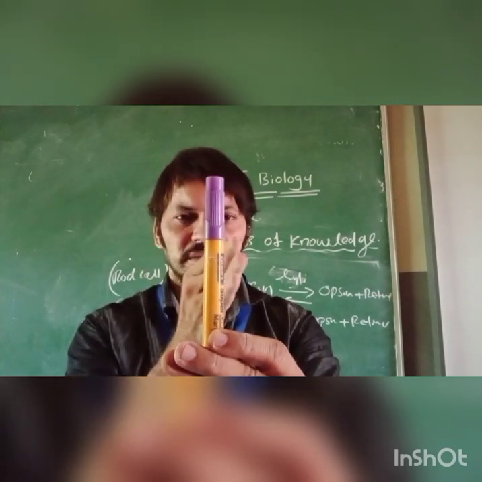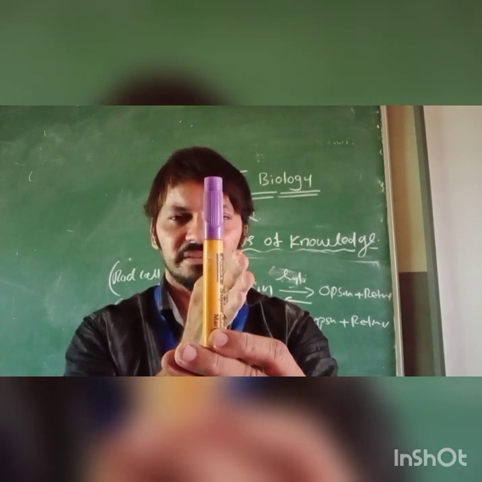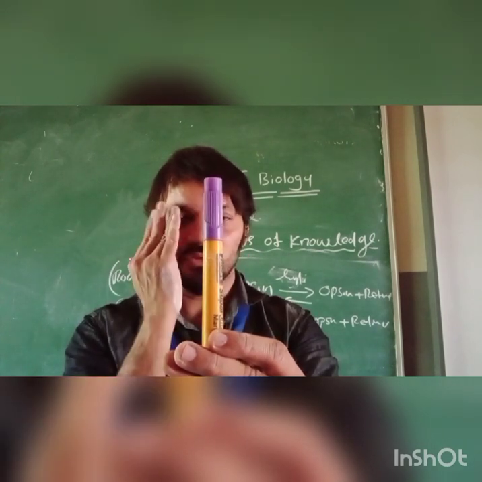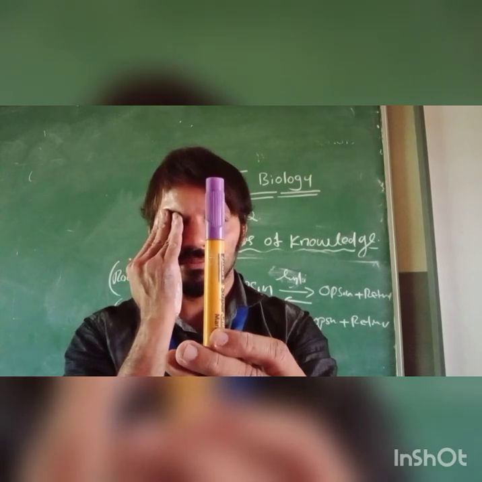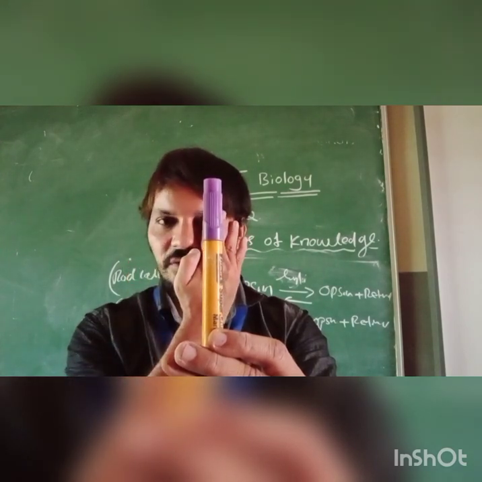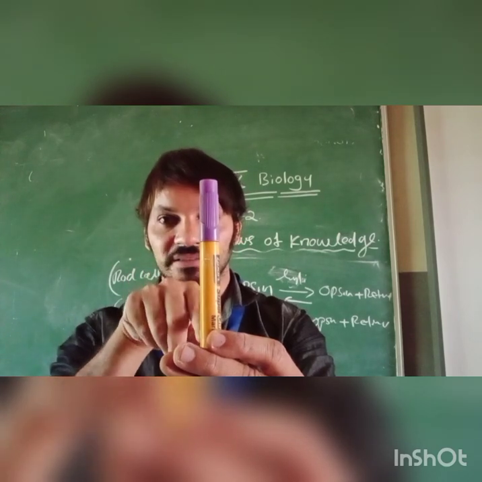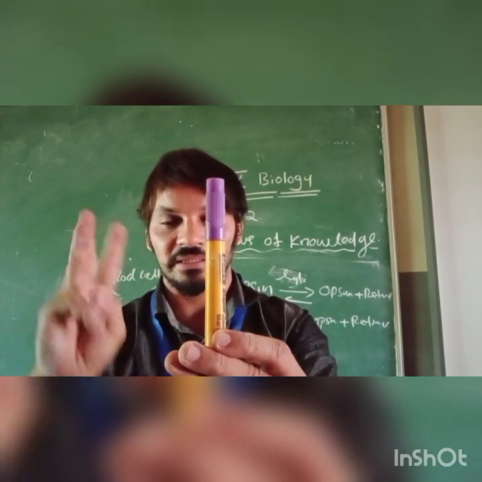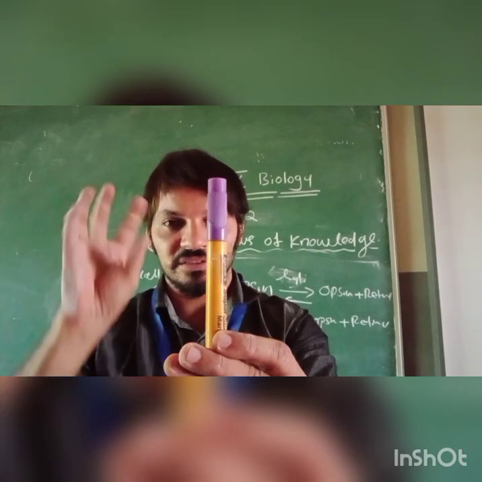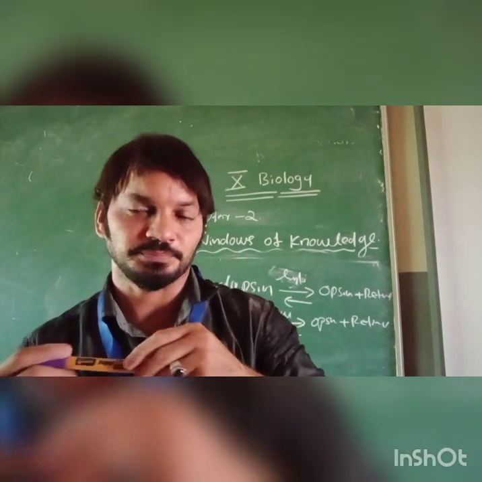What happened, no? The distance changes. Why? When you look with one eye, it is two-dimensional. Closing the other eye, it is two-dimensional. When you look with both, it converts back to the original position. That is known as three-dimensional. This is made by the brain. This is known as binocular vision.